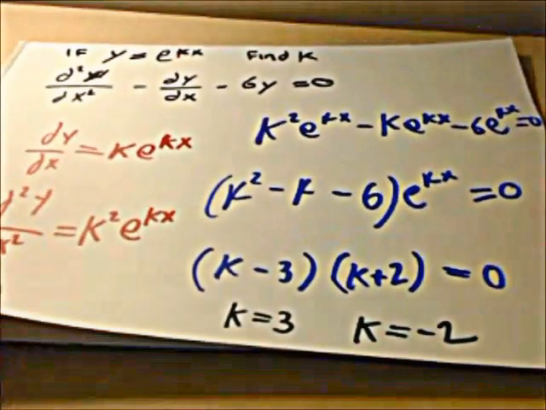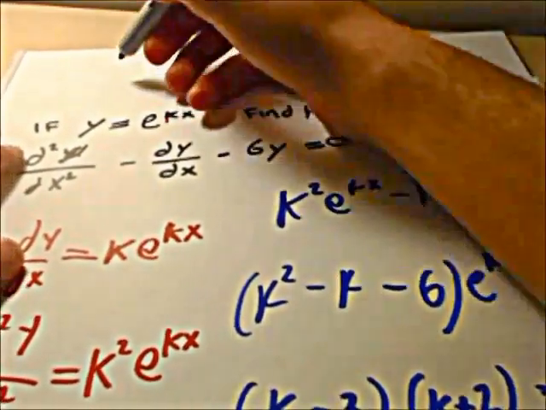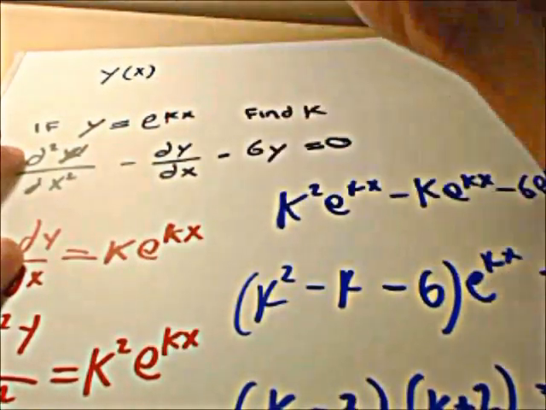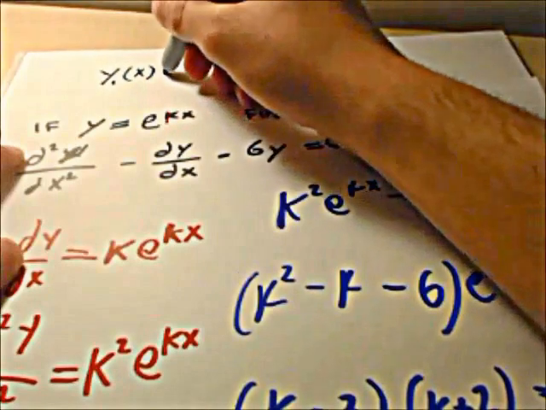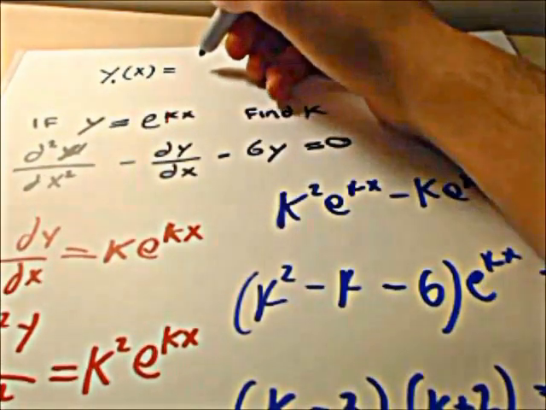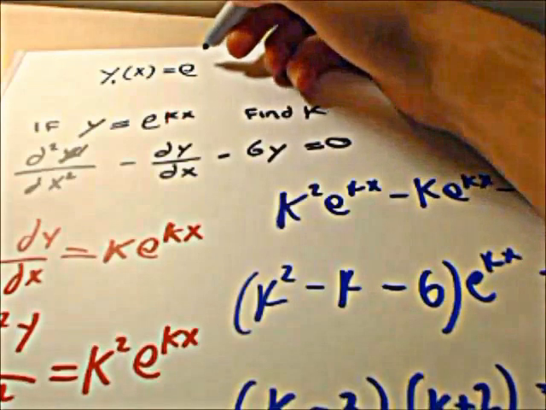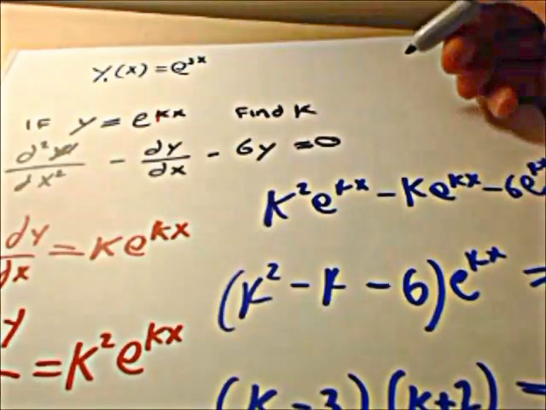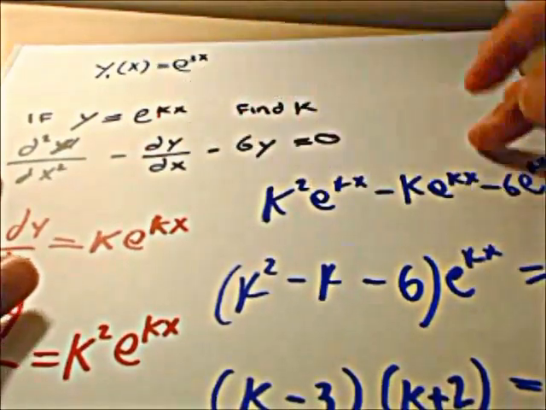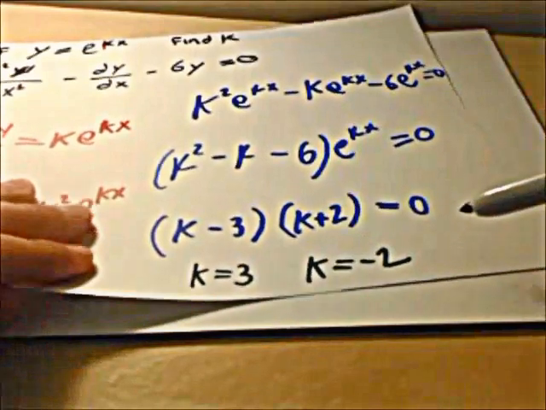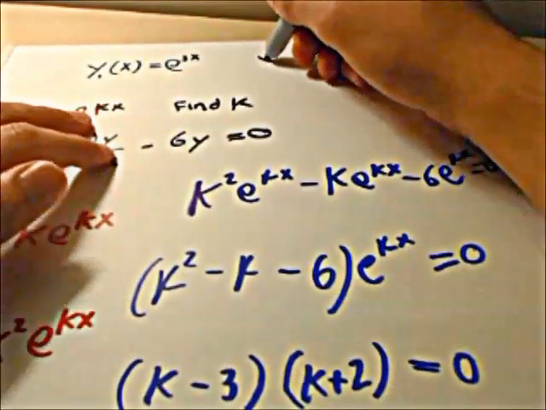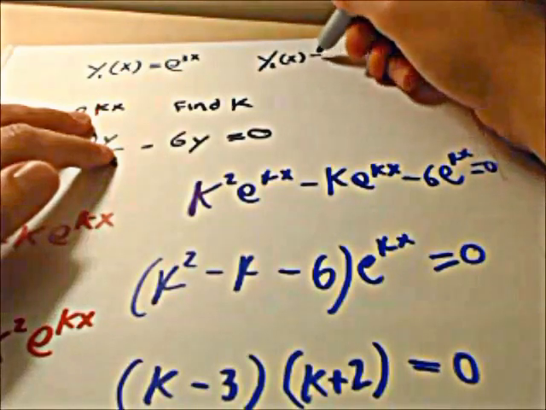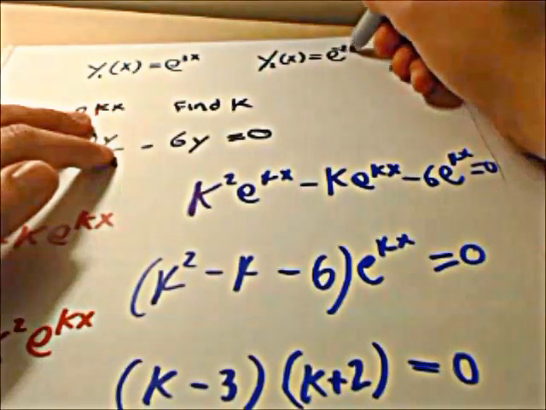So either y, but in this case because we've got two solutions, I'm going to call the first solution y1, equal to e to the power, substituting k with 3, e to the 3x. And now we do that again with minus 2. The second possible solution for y is y2 equals e to the power minus 2x.